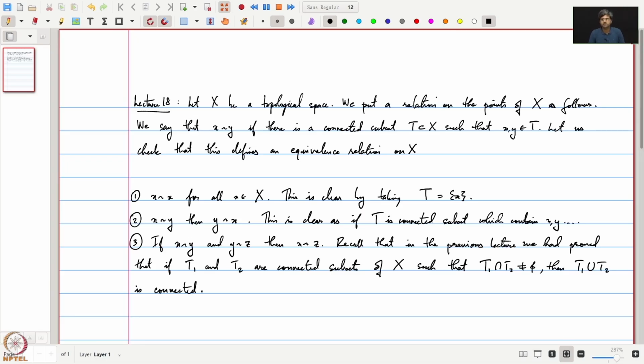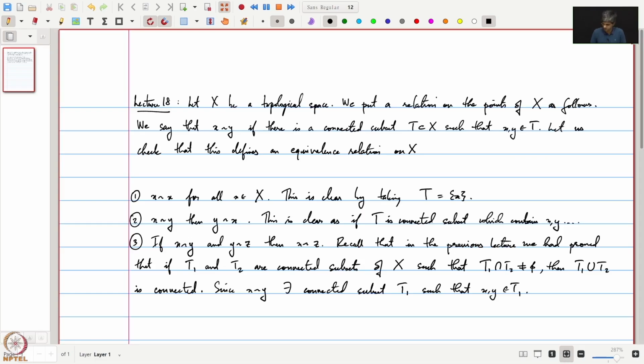Now since x is equivalent to y, there exists a connected subset T1 such that x, y are in T1.